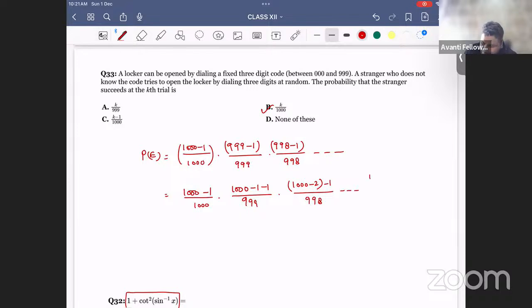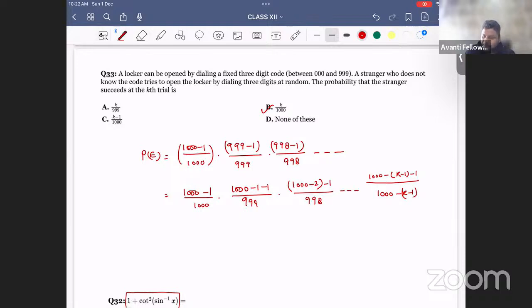See, in the first trial, it is 1000 minus 0, second trial, 1000 minus 1, third trial, 1000 minus 2. So in the k minus 1 trial, 1000 minus k minus 1 minus 1 upon 1000 minus k minus 1. And in the next trial, he gets success in the kth trial.